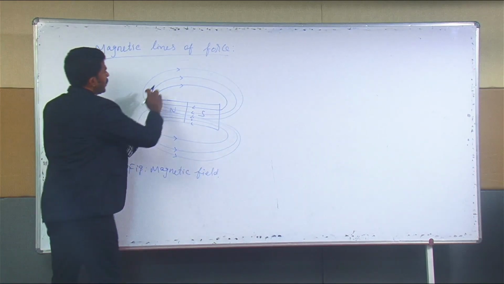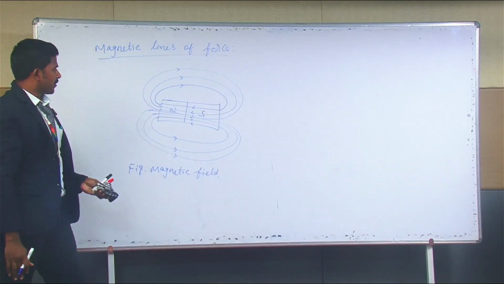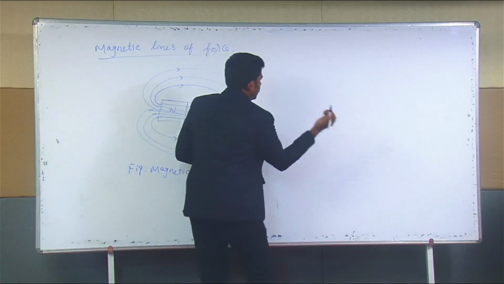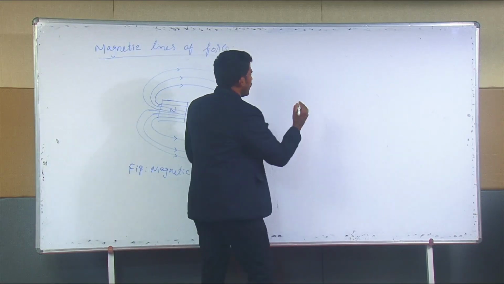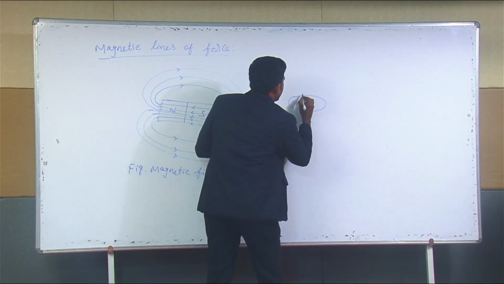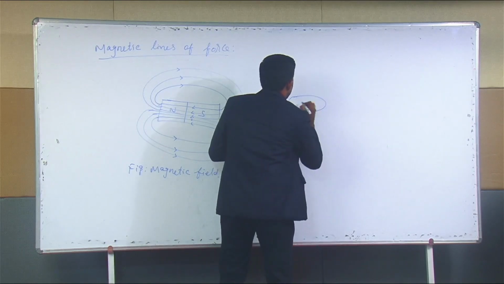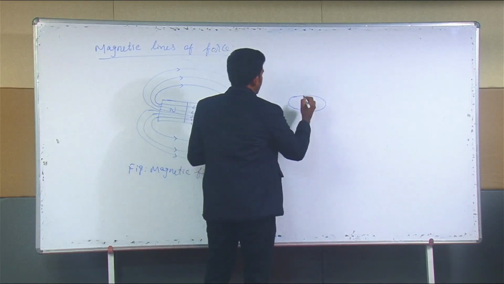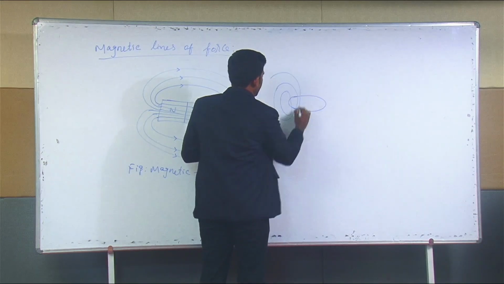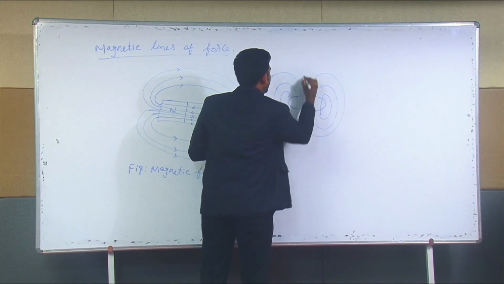Okay, so it is like a continuous one. So like this. This is for a typical bar magnet, whereas in the case of an electromagnet, if you consider any current loop, I will consider one copper coil.